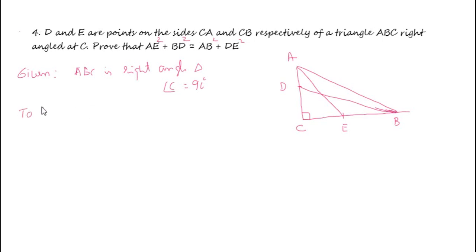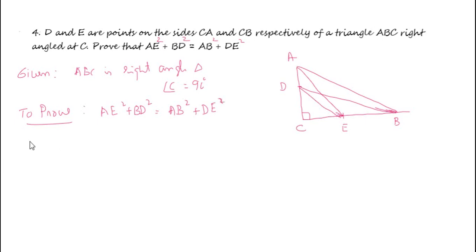To prove AE square plus BD square is equal to AB square plus DE square. Now AE is the hypotenuse here, BD is also a hypotenuse, AB is also the hypotenuse, DE, oh, we need to join this also. So DE is also a hypotenuse.